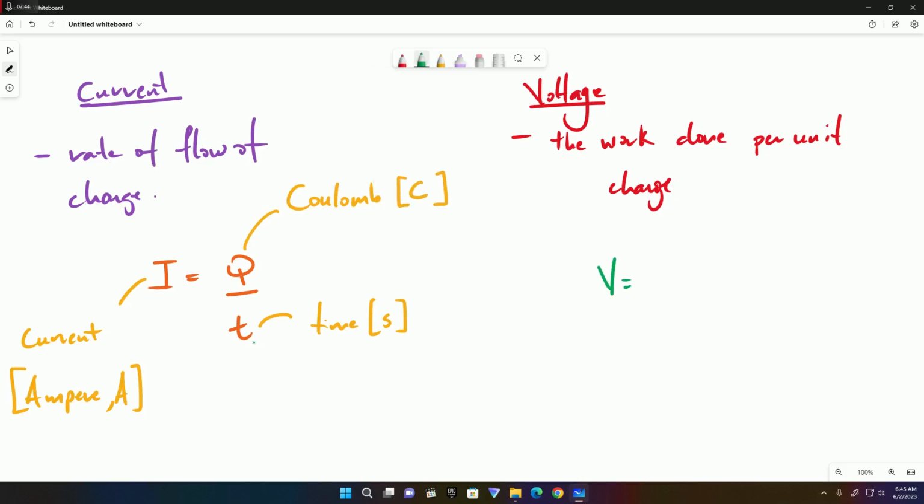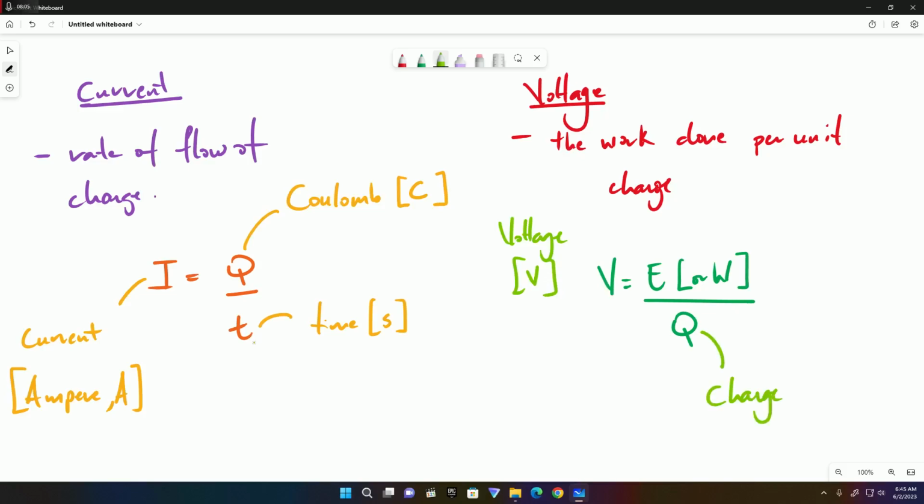V is equal to E, or in some cases W, over Q. Depending on where you look, you might see W. Voltage is measured in volts, charge measured in coulombs, capital C, and work measured in joules.